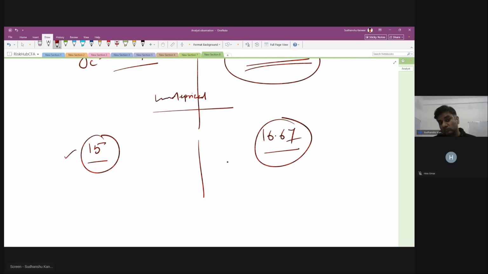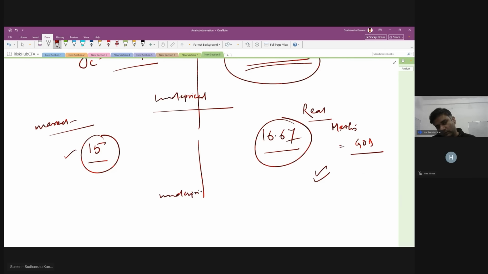That is what the market was showing you, but the real thing, which is maths, which is God, is showing you 16.67. So you will believe here. You will say, oh, it means the market will rise more. Forward price to earnings is higher, meaning India will see more growth, the stock price will rise more. So let me buy this. It is underpriced. Let me buy it.